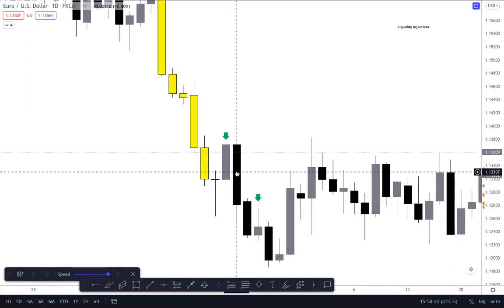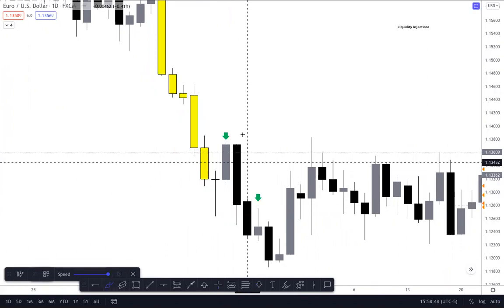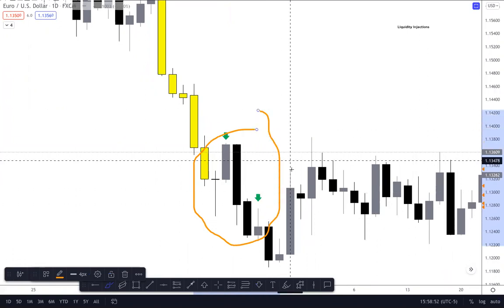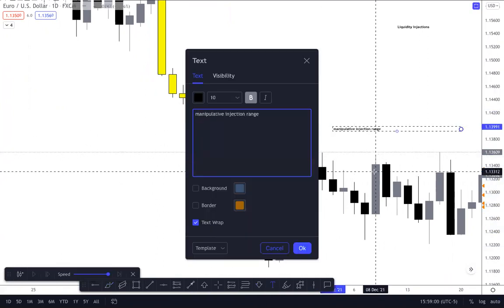In between, there must be bearish candles, considering that anything in between this bullish candle and this bullish candle is considered the manipulative injection range. We can call that manipulative injection range the MIR.